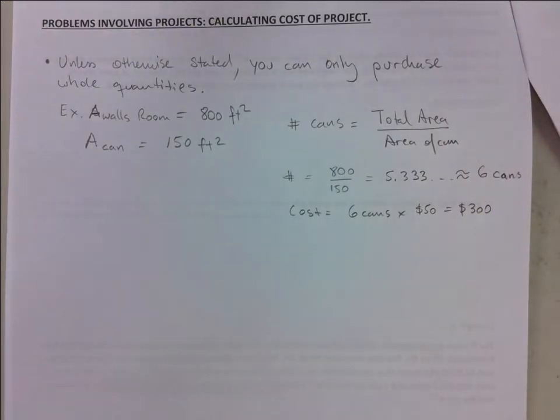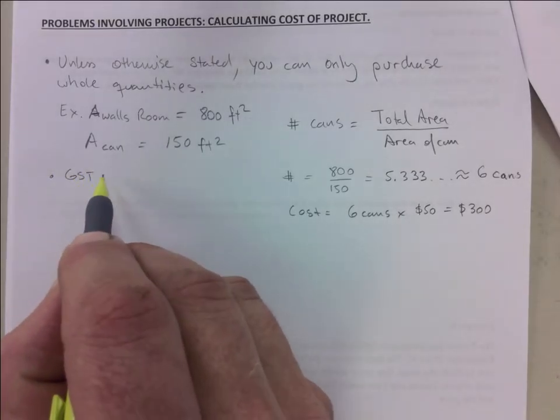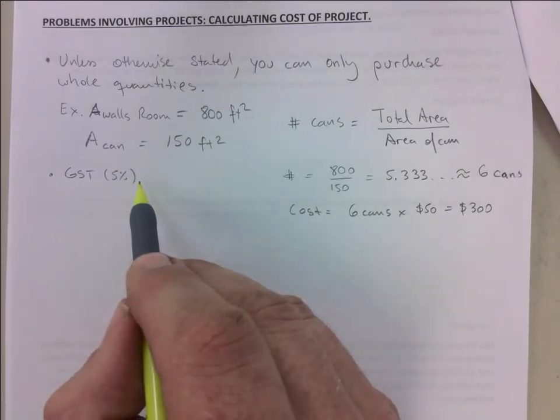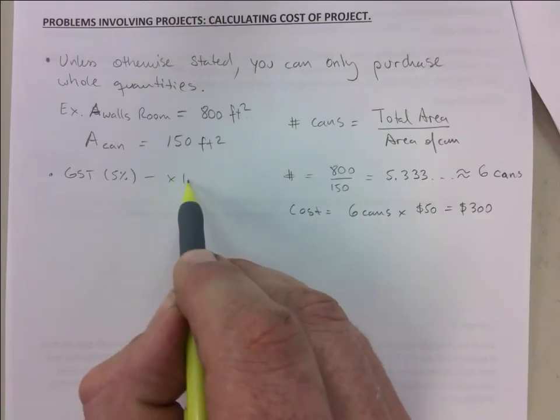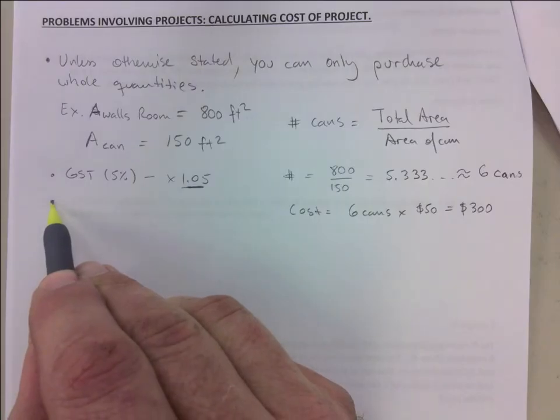Do you remember the taxes? I talked about taxes when you did your study sheet. There's 5% GST. Okay, so I will just say GST. They will always tell you this, so you don't have to remember 5%. But we multiply by 1.05 if you want to add GST.